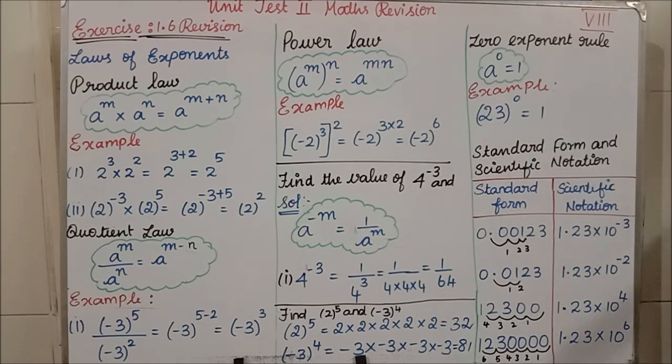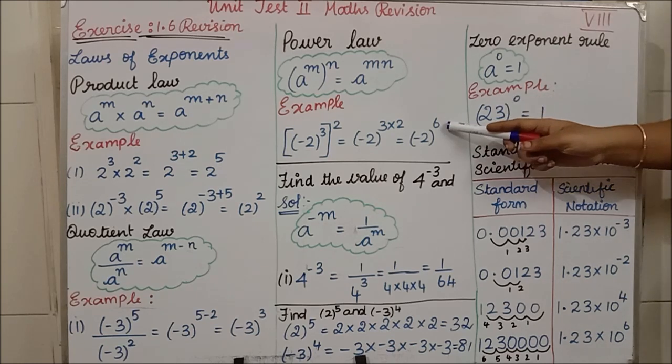Students, if you see here, minus 2 power 6, what answer will you get? How many times will you multiply the 2? 6 times you have to multiply, which means minus 2 into minus 2 into minus 2 into minus 2 into minus 2 into minus 2. After multiplying all the 2s, you have to see the power.